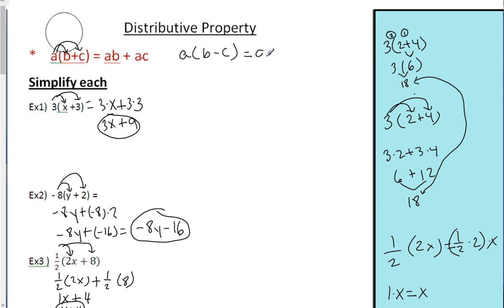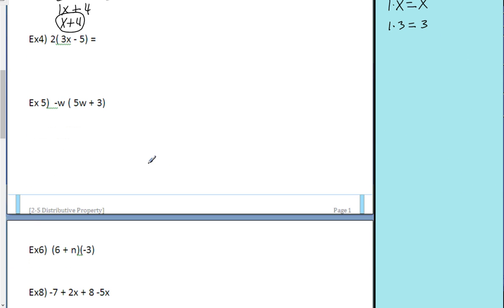The only difference is it's a times b minus a times c. You're still going to distribute the a, but it's going to be a minus between them. So it's not hard. It's the same thing here.